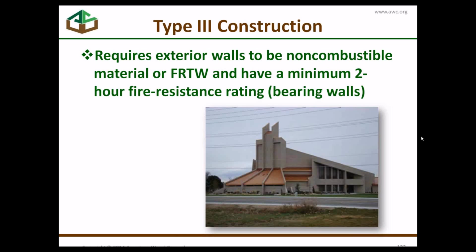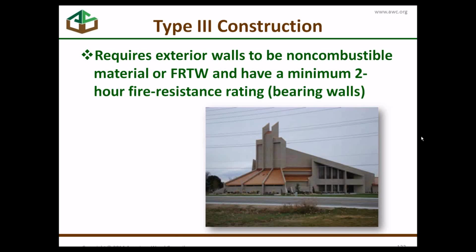And the code is moving that way in a practical way. There is one change in the 2015 code that has removed some ambiguous language about the wall staying in place for the entire time of the rating and so forth.